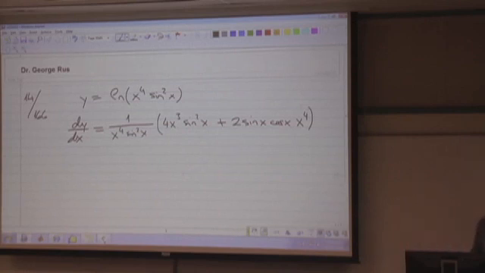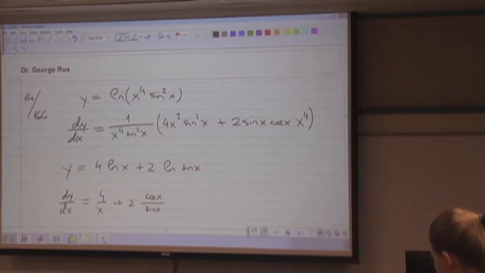Okay. Otherwise, as I said, y is 4 ln of x plus 2 ln of sine of x. And so dy over dx will just be 4 over x plus 2 times cosine of x over sine of x.